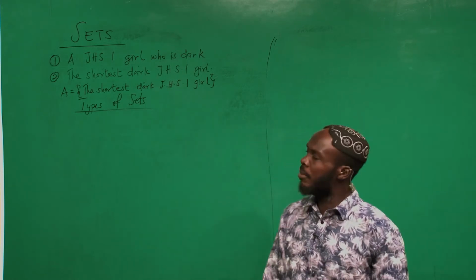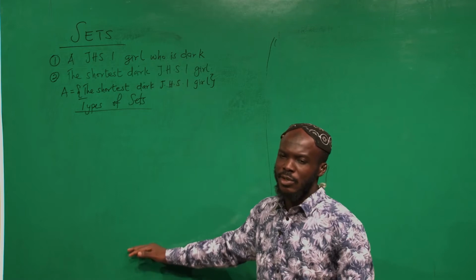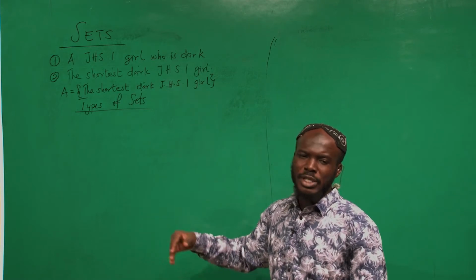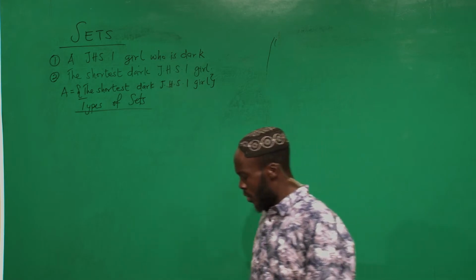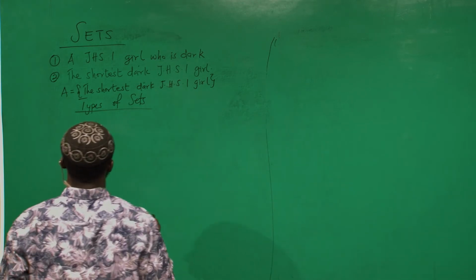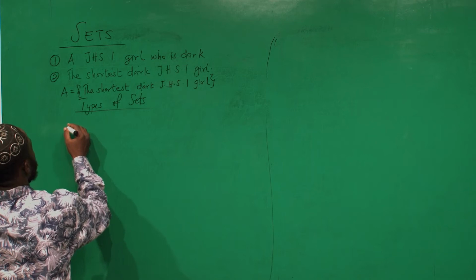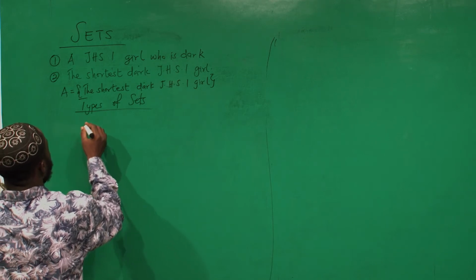Now, I'm going to give a few examples of sets on the board, and we shall use our definitions of the types of sets to get the correct one.